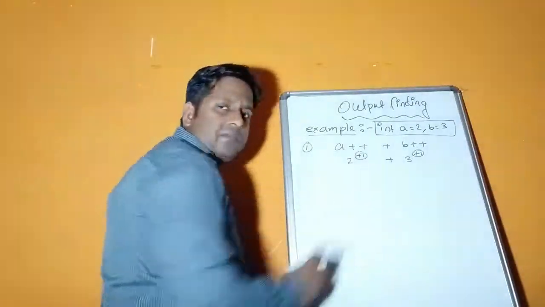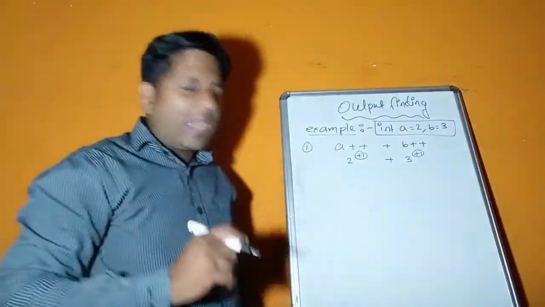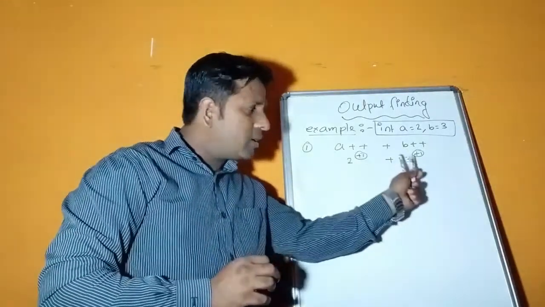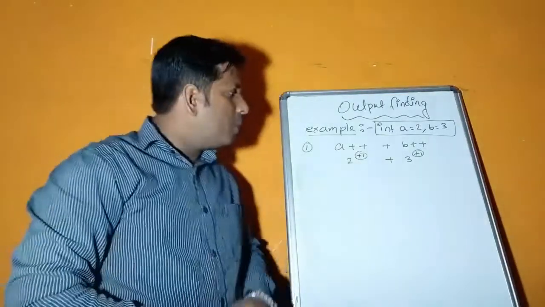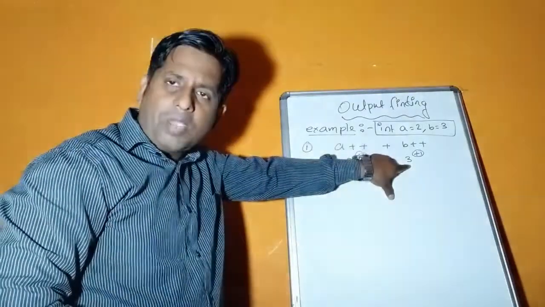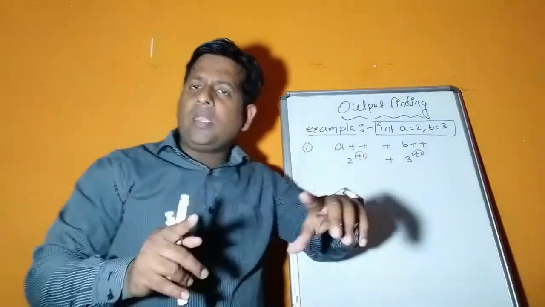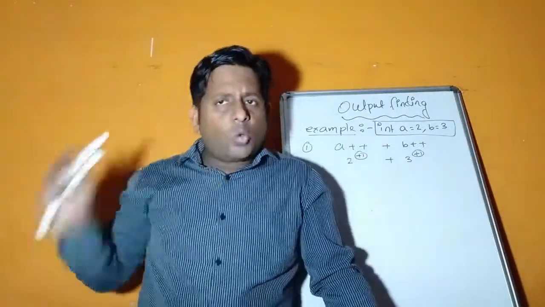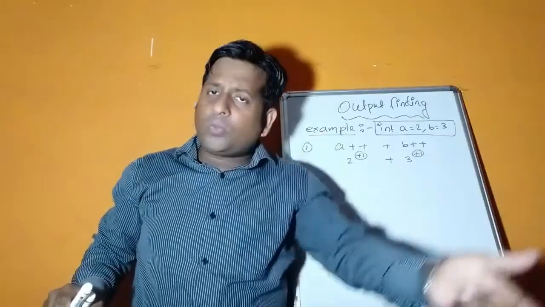But what about this carry? Will we utilize it here? No. We cannot utilize it. We cannot use this plus 1 for these variables. Reason, both are different. This carry is for A and here we have B. So A and B both are different types of variables. So when there are 2 different variables, that time carry cannot be utilized.